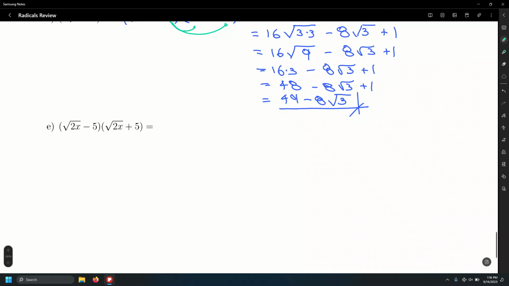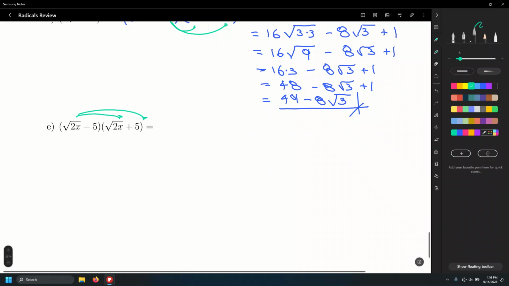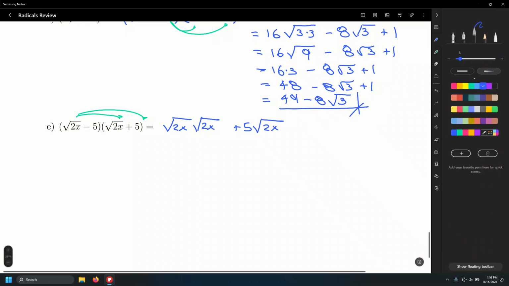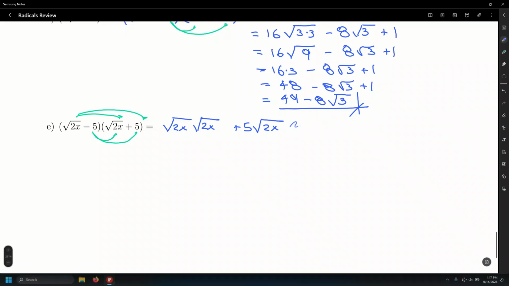Doing the FOIL approach, that's going to give us the square root of 2x times itself, square root of 2x, plus 5 times the square root of 2x, and then negative 5 times square root of 2x and negative 5 times 5. So that gives us negative 5 root of 2x, and then minus 25.